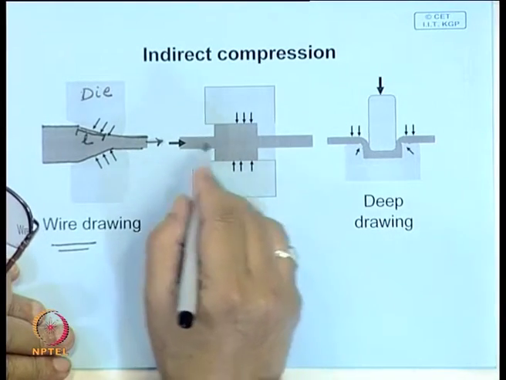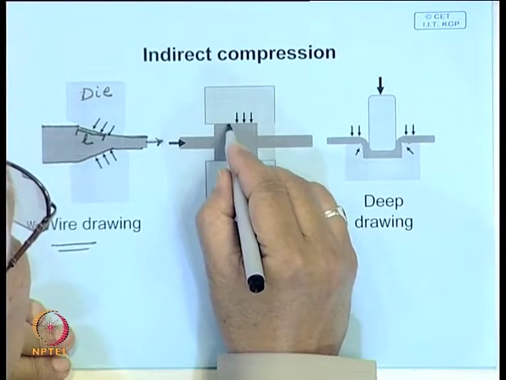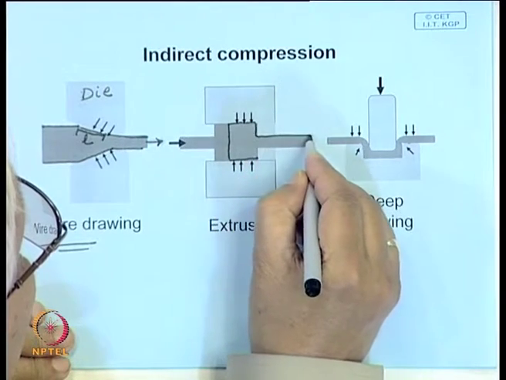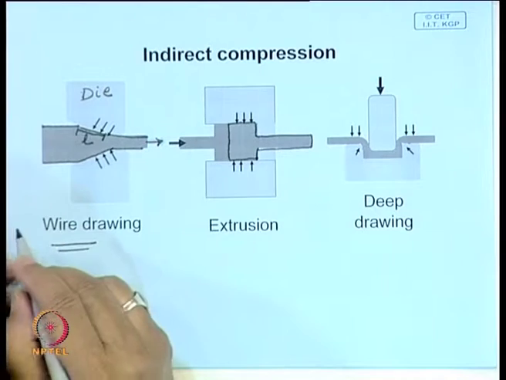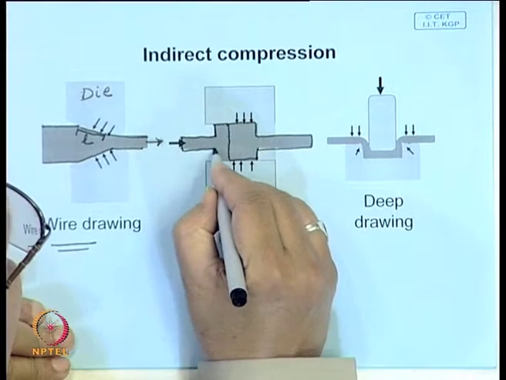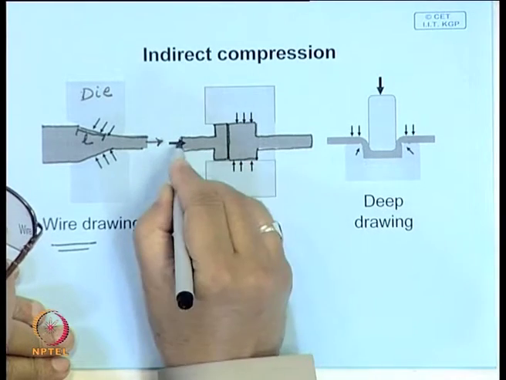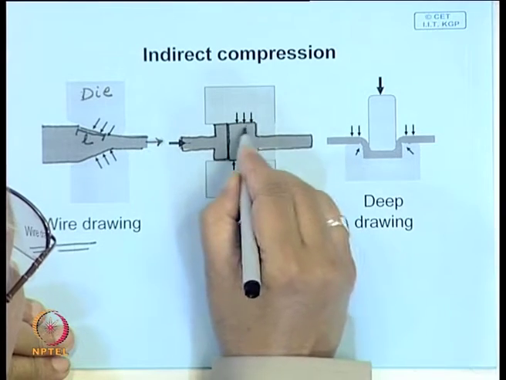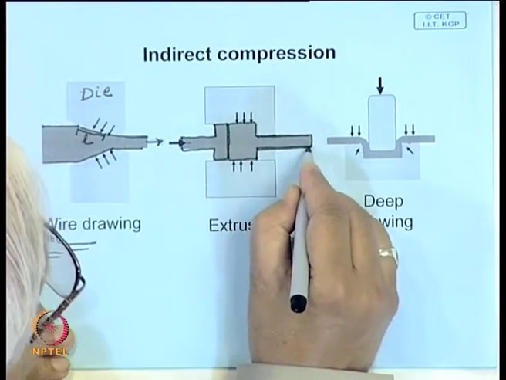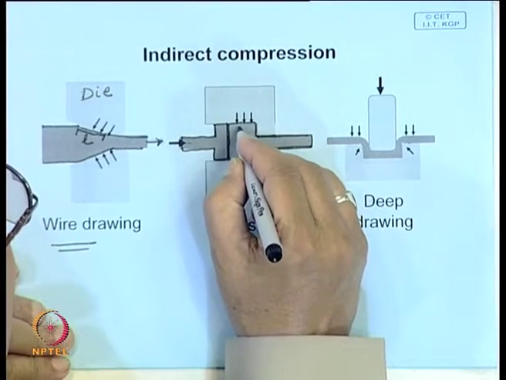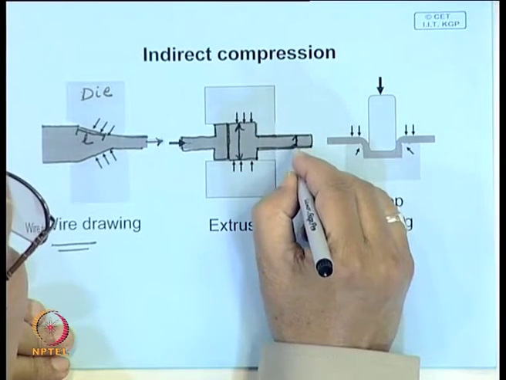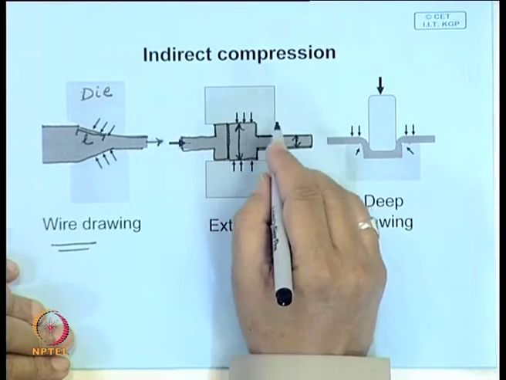Similarly, in the case of extrusion, you are applying compression here on the job, and this part is the mandrel through which you are pushing the job. Then there is a hole here, through which the product comes out. So, you have a deformation here, with one dimension here and another dimension there.